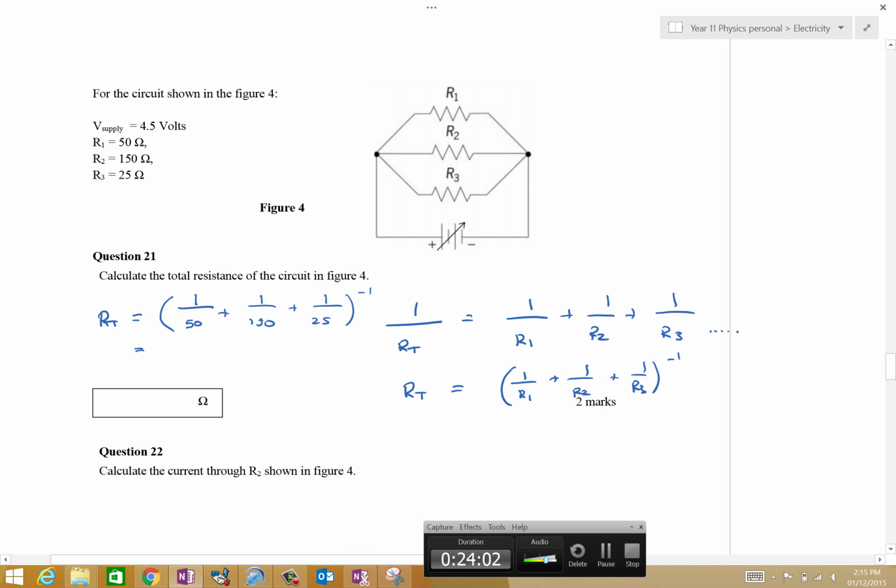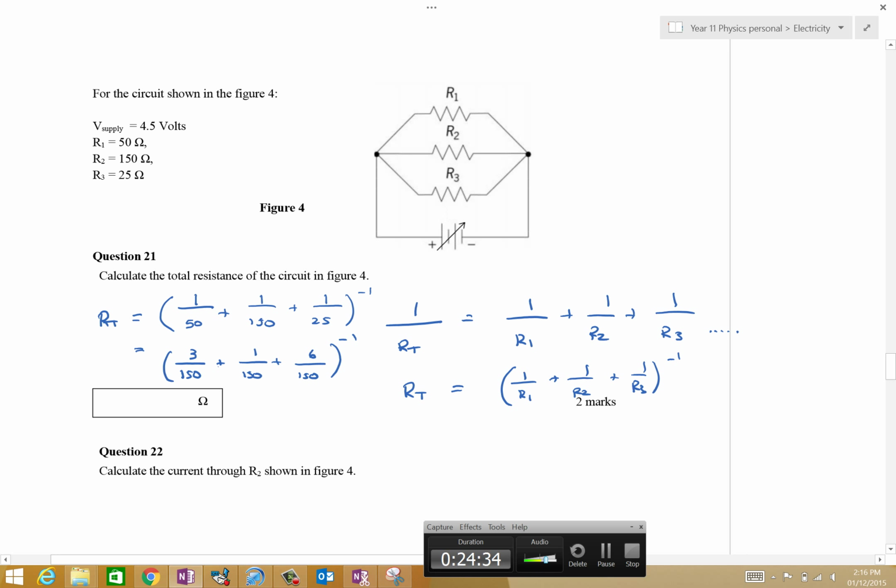If I was to do it by hand, though, a common multiple of those is 150, which means if I wanted to get that 150, I'd have to multiply 50 by 3. So I could do it by hand, if you like. And I've got to multiply that by 6 to get 150. To the power of -1. 6 plus 3 plus 1 is 10.